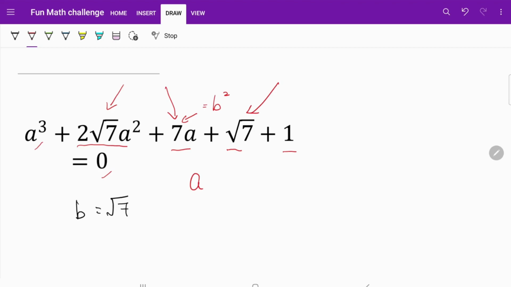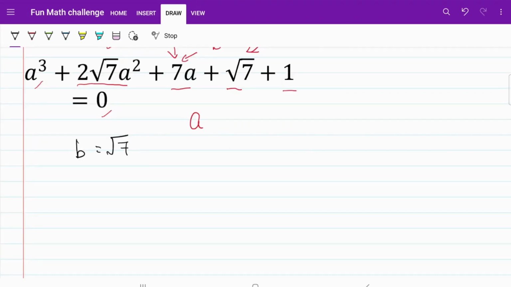Let's go ahead and rewrite this equation. When we rewrite this equation and replace square root of 7 with b, the equation becomes a cubed plus 2ba squared plus b squared a plus b plus 1 equals 0.